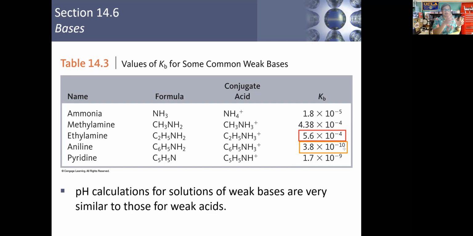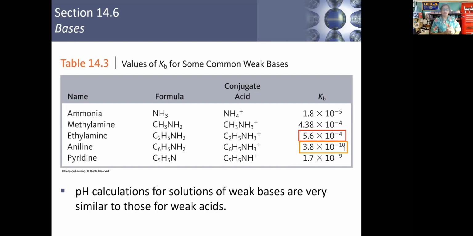We can calculate the pH of a solution, and the method we use for a weak base is going to be identical to what we did for solving for the pH of a weak acid. So again, to find the pH for a weak acid, we had to use the ICE table to find the hydrogen ion concentration, and from that we calculate the pH.